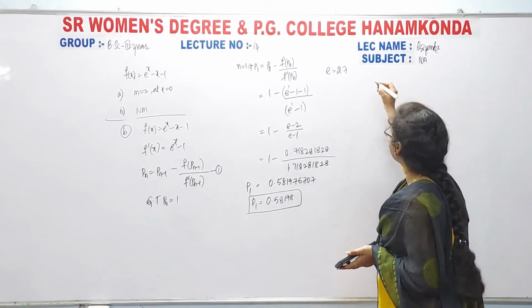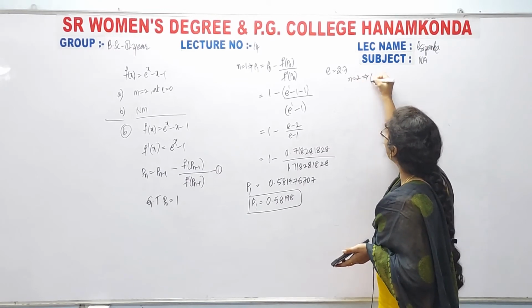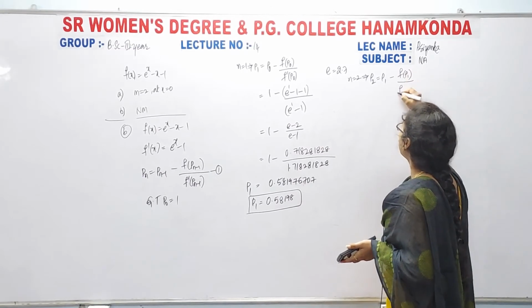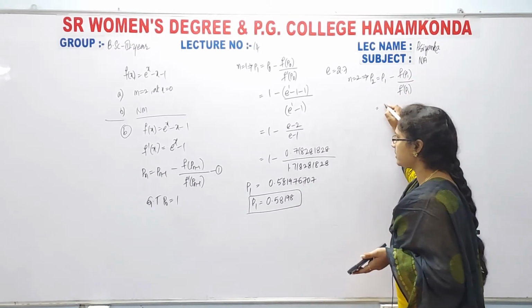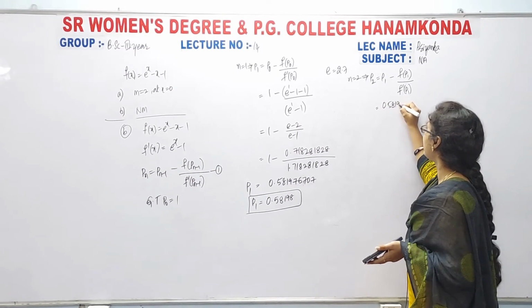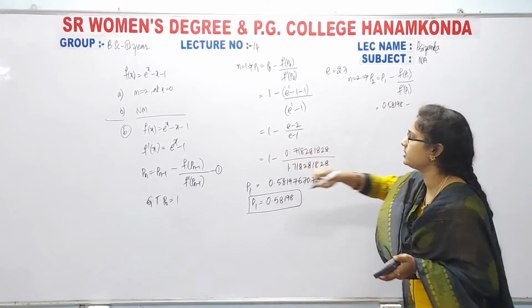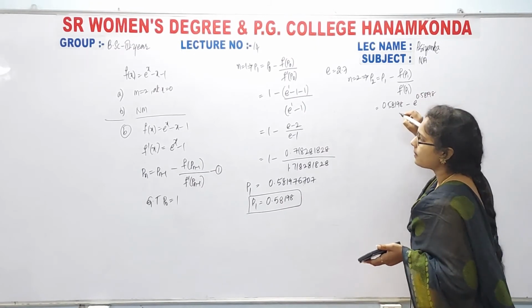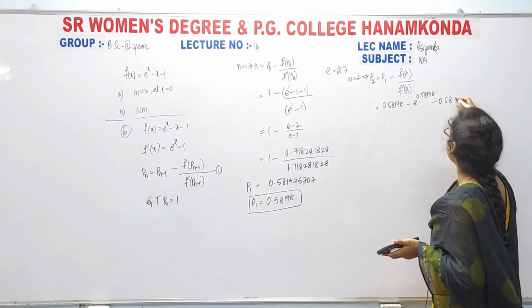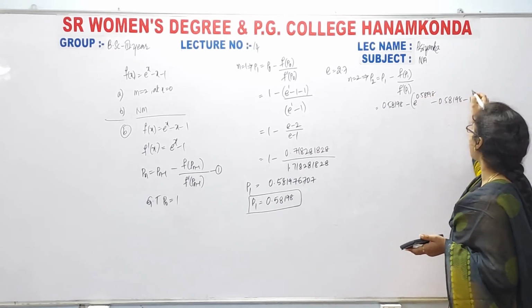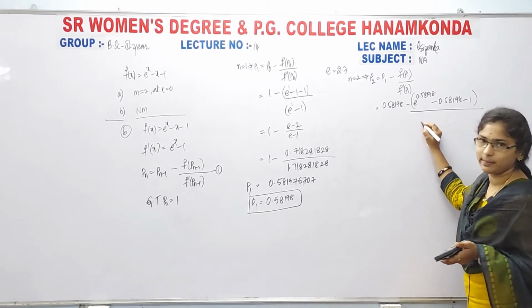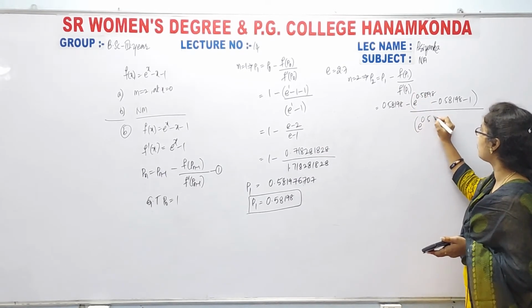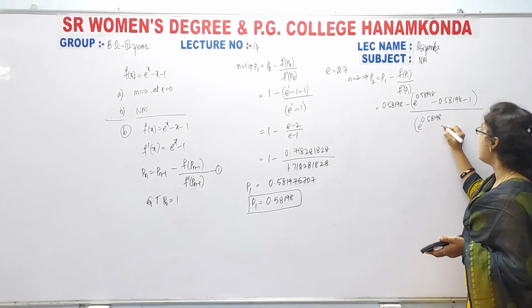Like this we have to calculate n equal to 2. The meaning of this one is P2 equal to P1 minus f of P1 by f dash of P1. So now P1 is 0.58198, minus f of P1, which means e power 0.58198 minus 0.58198 minus 1, whole divided by e power x minus 1. The e power x value is nothing but P1, that is 0.58198, minus 1.